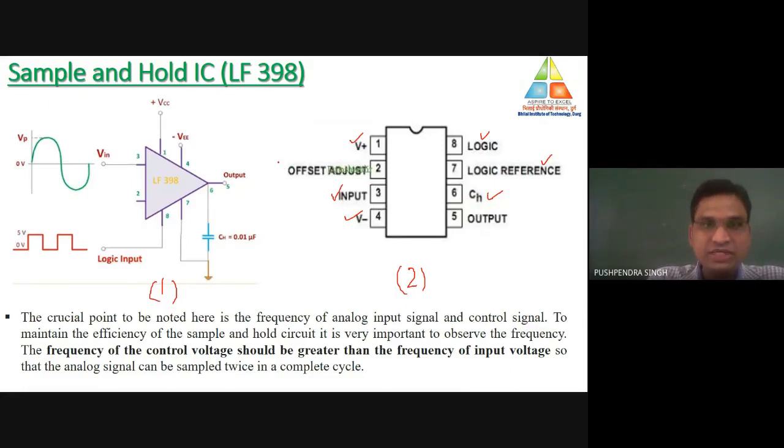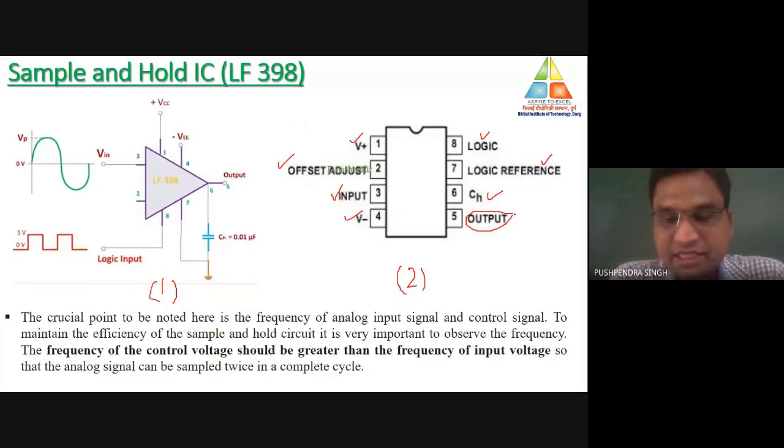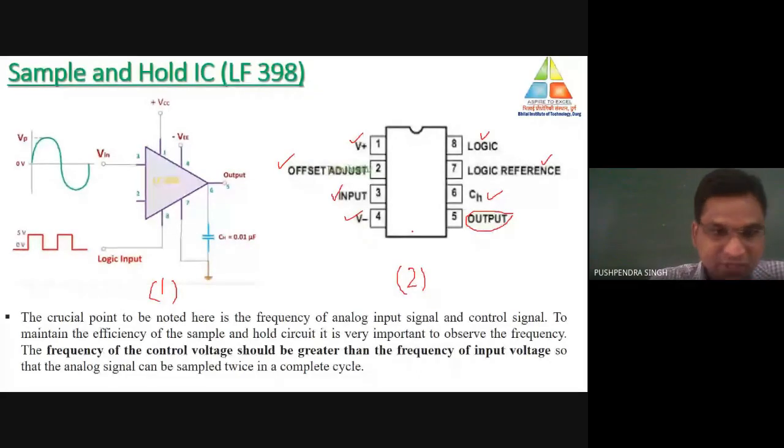Pin number 2 is given for offset adjustment purpose. If there is any offset requirement in the circuit, that signal can be applied with the help of pin number 2, and pin number 5 is used for getting the output of the sample and hold circuit. So this is the pin configuration of the LF398 sample and hold IC.